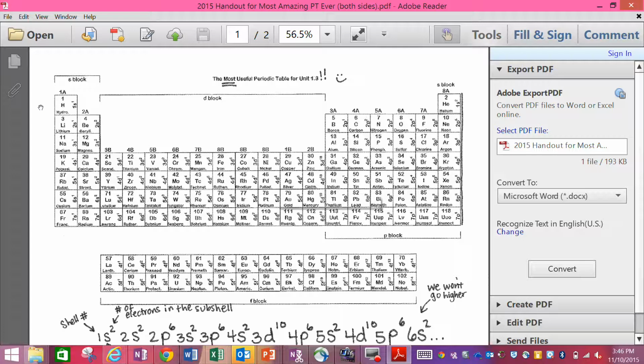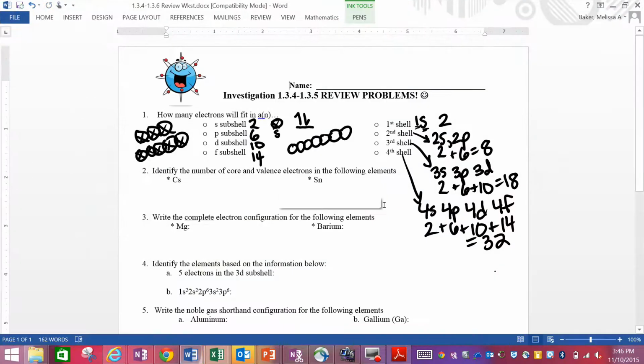How about the fourth shell? Anything with a 4 in front of it. 1, 2, over here, 3 through 8. We've got the 4D, 9 through 18. And then the 4F, 19 through 32. Okay, and we're not going any higher than that, so don't worry.